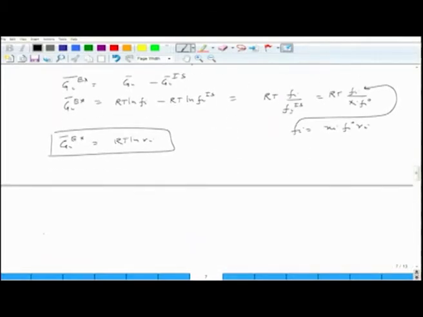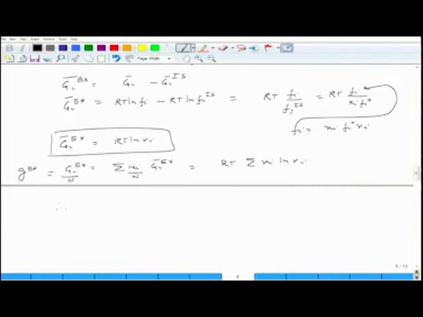Now the next thing which we would like to do is to make use of the fact that G^excess is the summation of N_i G_i excess. If you divide by N, I get small g excess, the molar excess Gibbs free energy, and if you use G_i excess as this, it becomes RT summation x_i ln gamma_i.